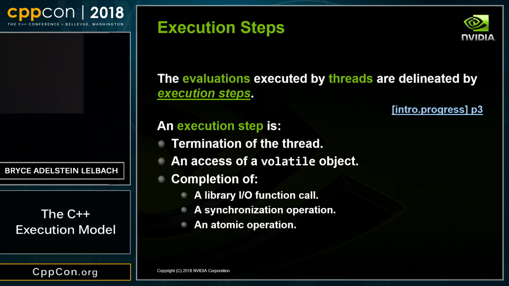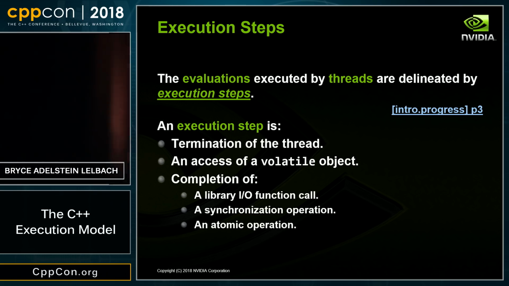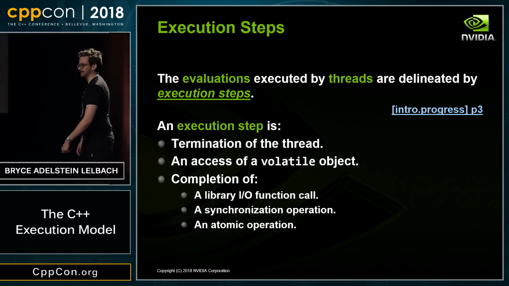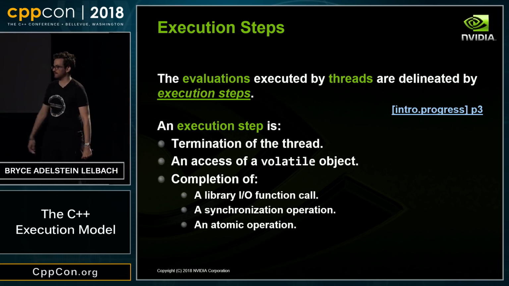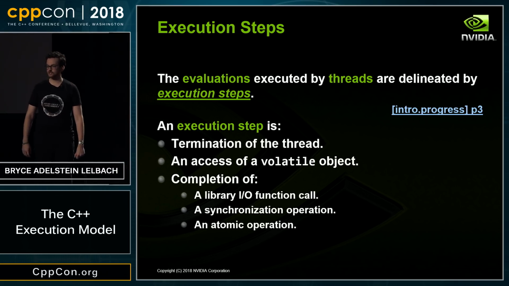I wish I could. A library IO function is not a well-defined term in the standard. I don't think we have a definition for it. I'm not sure if we label things in the library section as saying this is a library IO function.